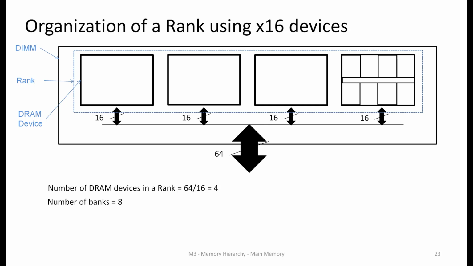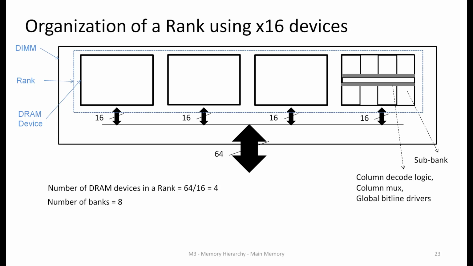Now when we say that each DRAM device or my rank is having 8 banks, it means that each of these devices has 8 similar portions which are called sub banks. There will be some peripheral circuitry across the x-axis of the chip.